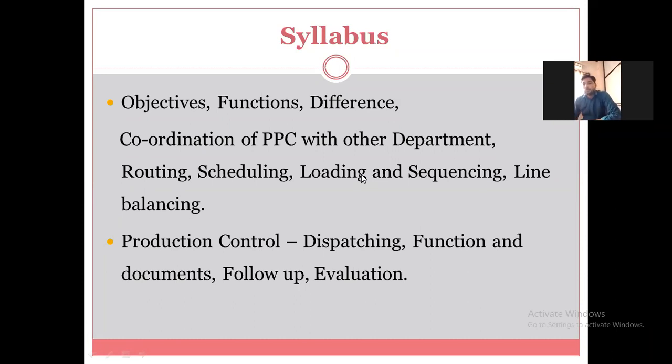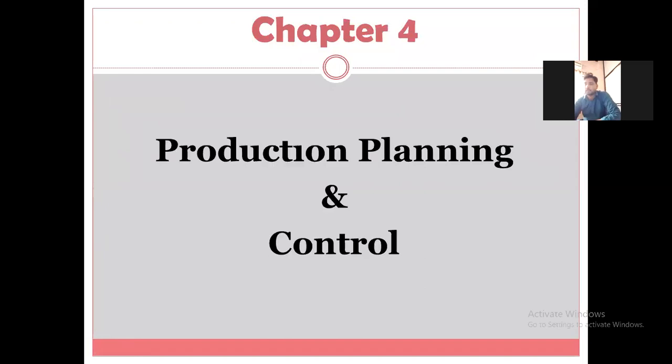Then we are going to discuss production control. In that, the parts of production control are dispatching, functions and documents, follow up and evaluation. These are the steps of a production system, and we will discuss them in detail in this chapter. So write down the chapter name as production planning and control.